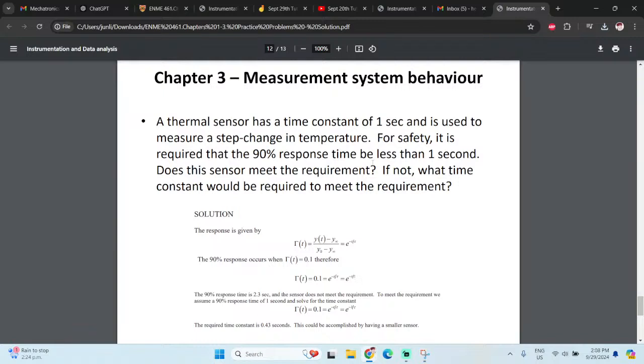Okay, so for the first part, I got 2.3 seconds for the time. Now it's asking what time constant would be required to meet the requirement. So then I guess I have to use this again and solve for tau this time.